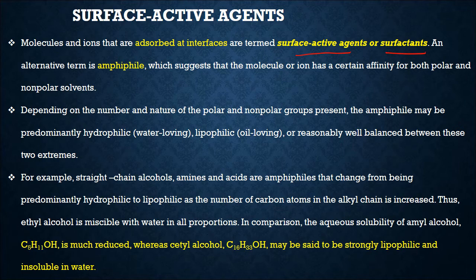Depending on the number and nature of the polar and non-polar groups present, the amphiphile may be predominantly hydrophilic, lipophilic, or reasonably well balanced between these two extremes. For example, straight chain alcohols, amines, and acids are amphiphiles that change from being predominantly hydrophilic to lipophilic as the number of carbon atoms in the alkyl chain is increased.